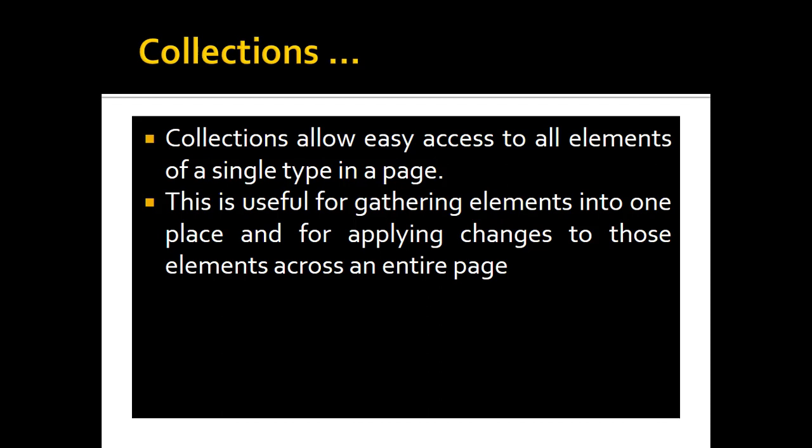These collections make it very easy to access all the elements of a single type inside a page. This is useful for gathering elements into one place and for applying changes to those elements across the entire page. Hope it is clear.